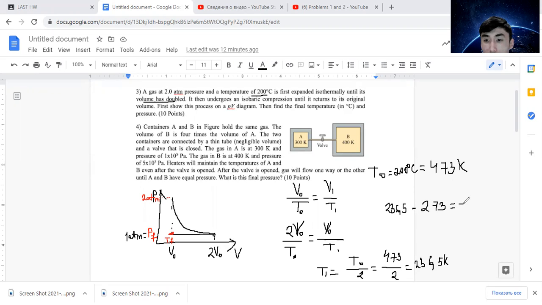So here will be minus 36.5 degrees Celsius. So these are the answers for the third question. We found the P final before, and we found the final temperature. Let's turn to the next question.